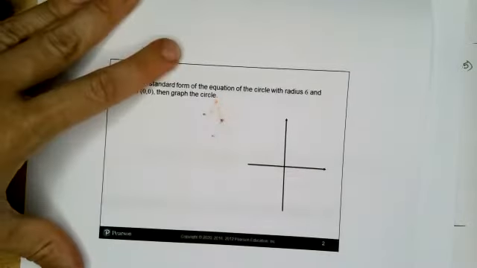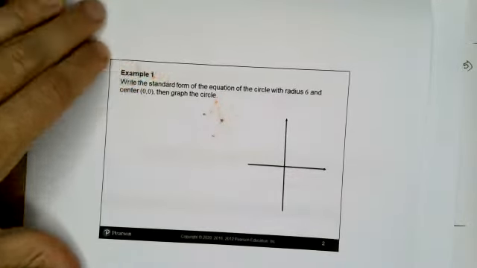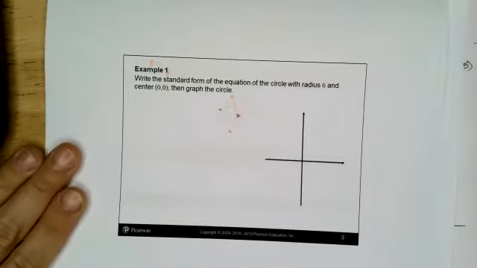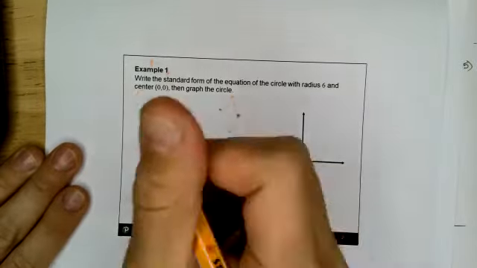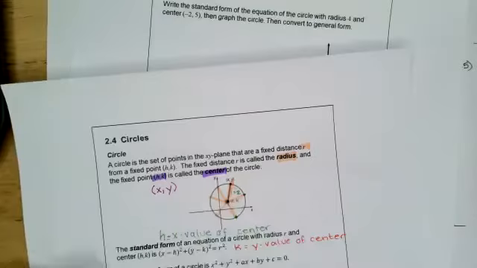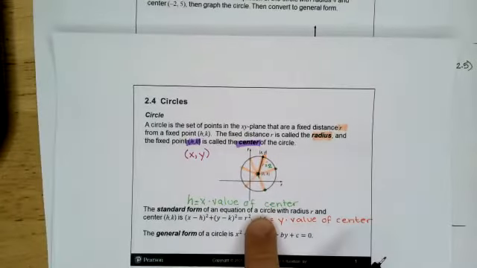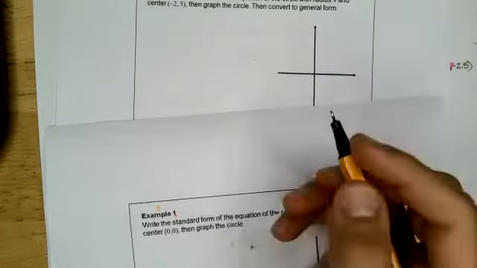Example 1: write the standard form of the equation of the circle with radius 6 and the center (0, 0), okay? So just a lot of practice with this today. x minus h squared plus y minus k squared equals r squared. Write it over here again.